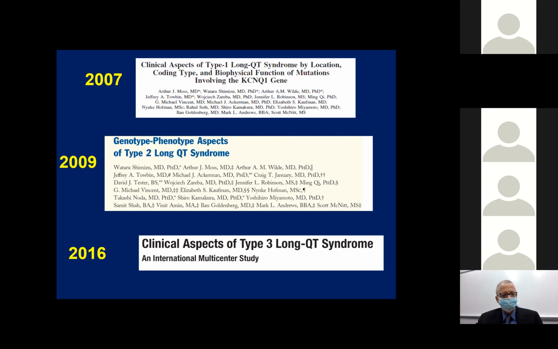And that collaboration resulted in really three major papers describing the three most prevalent types of long QT. LQT1 in 2007, LQT2 in 2009, and LQT3 by Dr. Wilde in 2016. So this was another outcome which helped us identify patients at risk, patients who might benefit from given therapy.